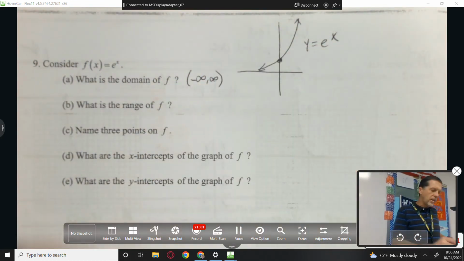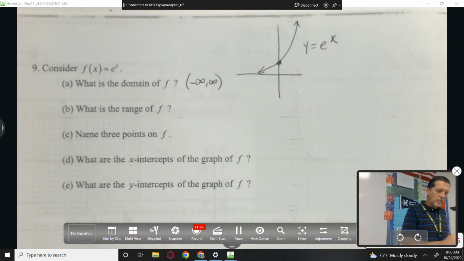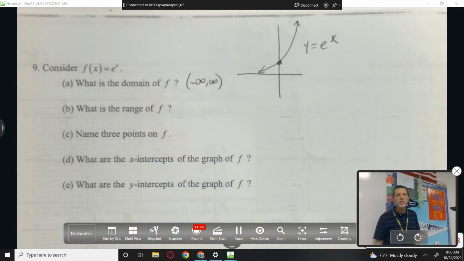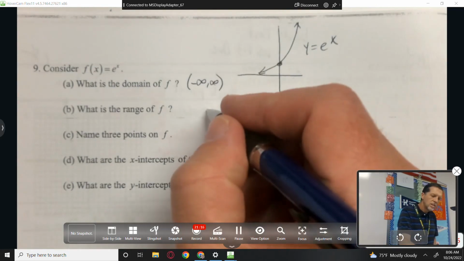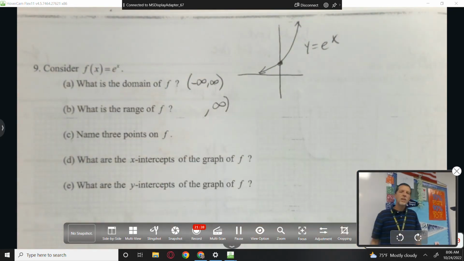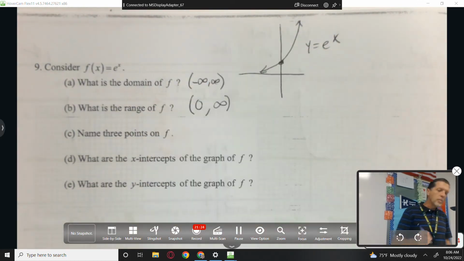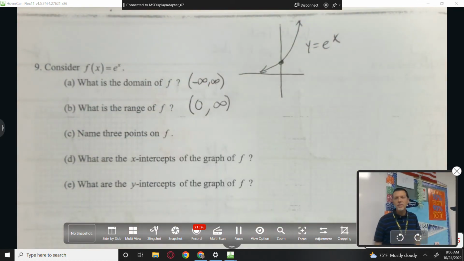Another way to say that is you can plug in whatever you like for x and you'll get an answer that works. How about the range? What y values does it cover? It goes to infinity. Good, 0 with the parentheses. Why the parentheses? Because it doesn't equal 0, right? That's the asymptote. It gets closer and closer.